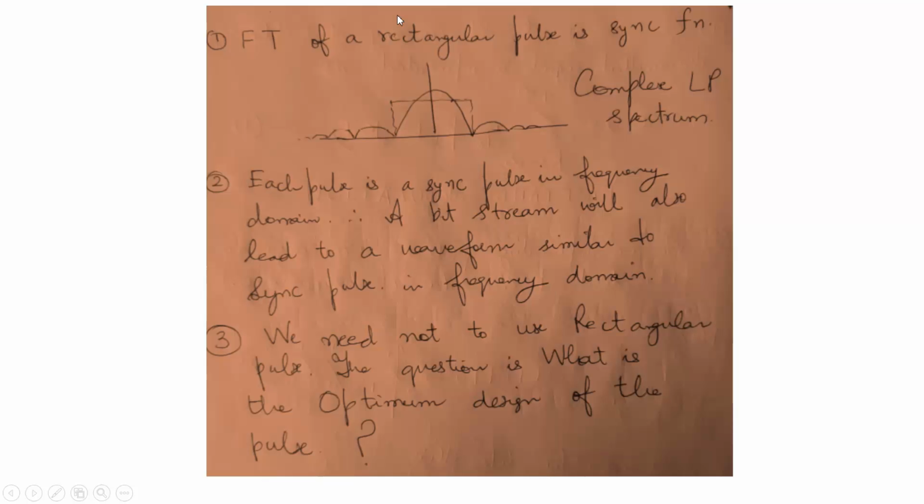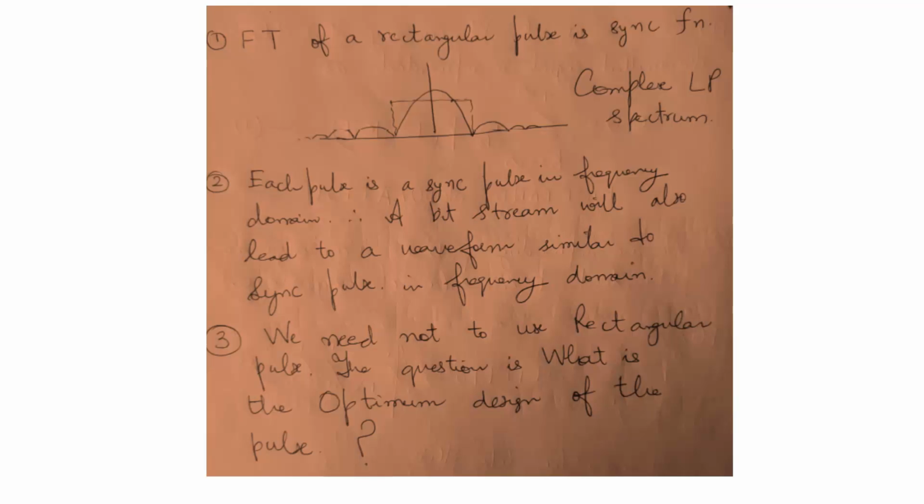Now, if we are using a rectangular pulse and take its Fourier transform, we know that it is a sinc function. If we use a rectangular pulse to represent 1 and 0, 1 will be represented with plus 5 volt multiplied by p(t), and 0 with minus 5 volt multiplied by p(t).